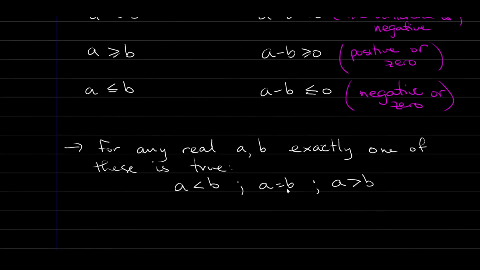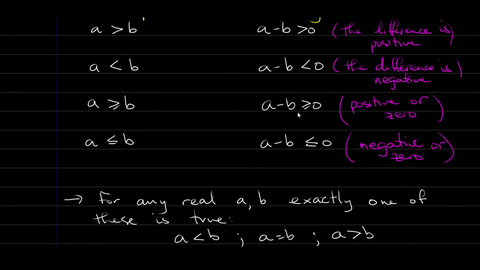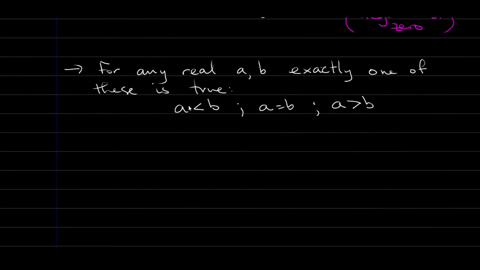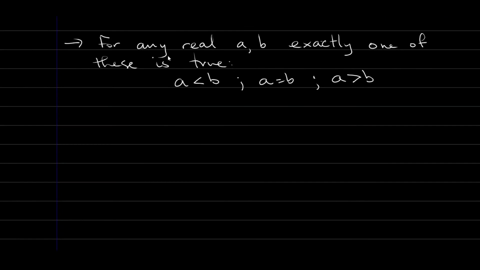I'm trying to make sure that I state that, because just now I made the mistake of saying both positive or 0. I made a mistake there. But notice that for any real A and B, you must have one of these conditions here.